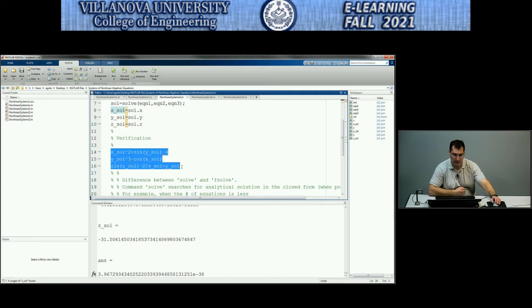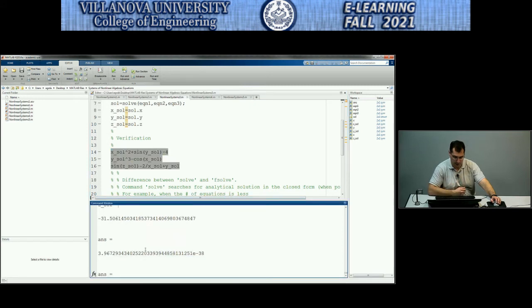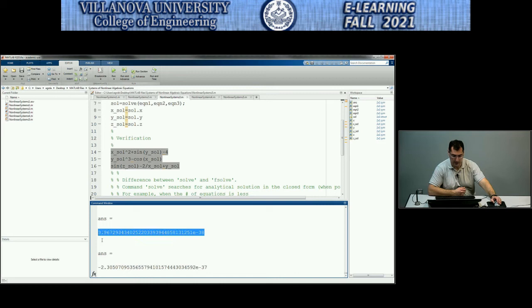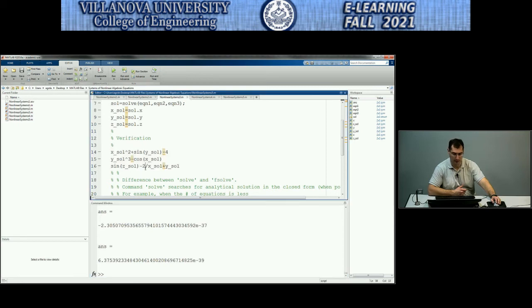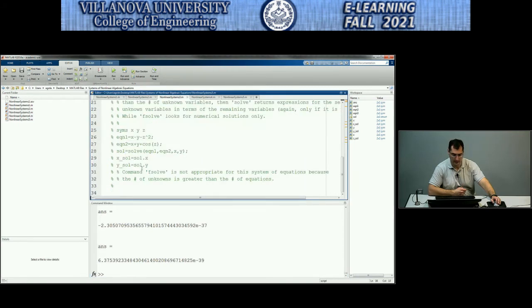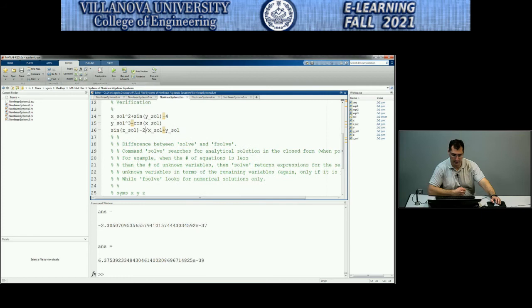I'm substituting those values for the solution into the equation, and hopefully at the end I should get zeros, and indeed I do. So in MATLAB language, 10 to the power of minus 38 is 0. Same for the second equation, and same for the third equation. So you verify that what you got is indeed the solution.